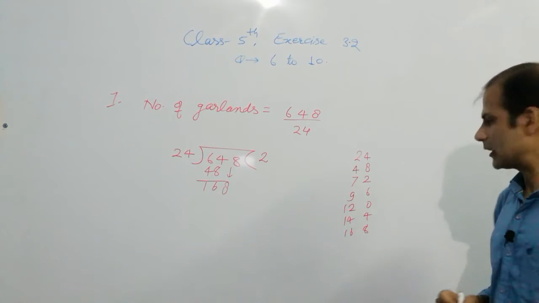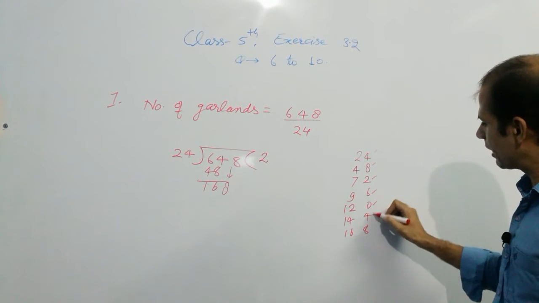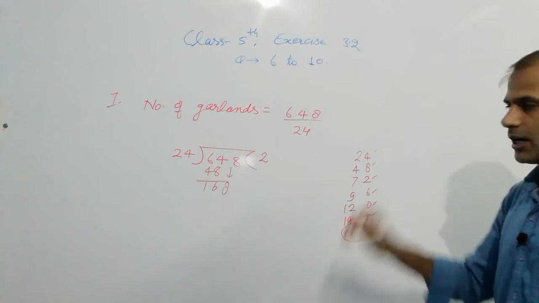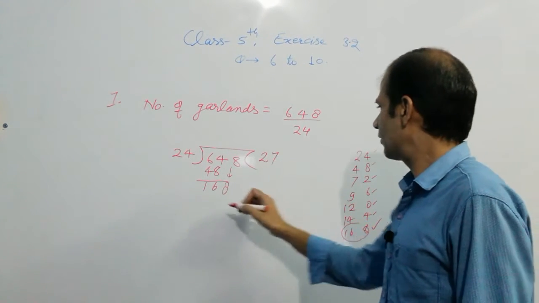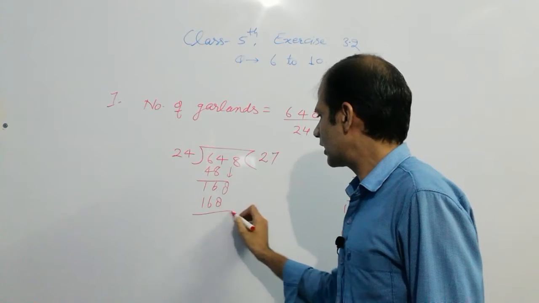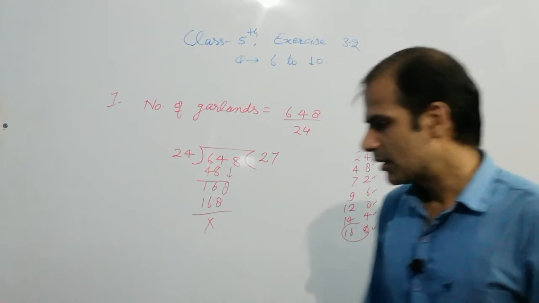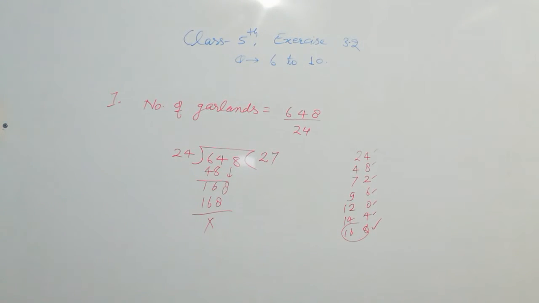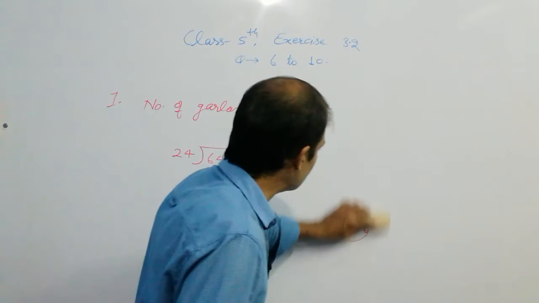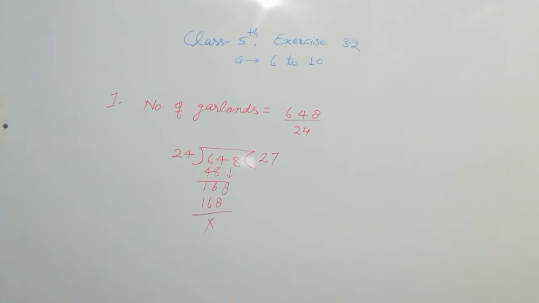Okay, we got it. 1 2 3 4 5 6 7, 24 sevens are 168, and the remainder is 0. It means the number of garlands made by 648 flowers is 27. Erase this rough work. Okay, so the answer is 27.